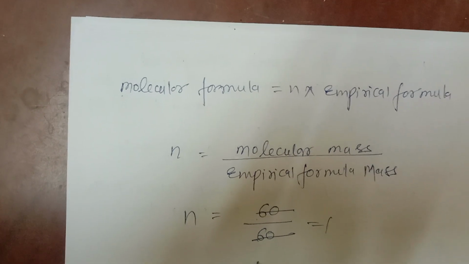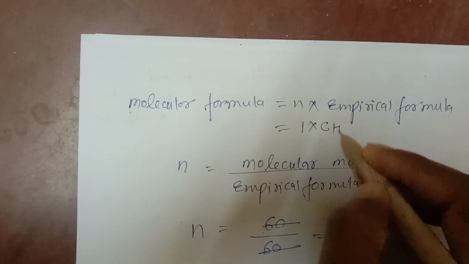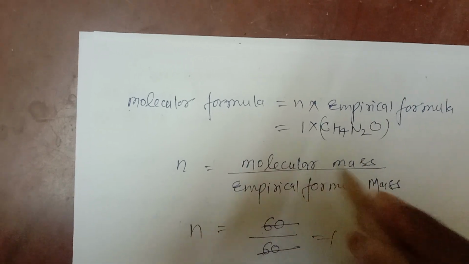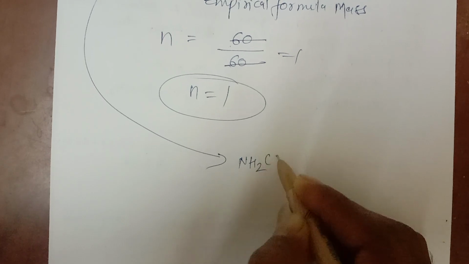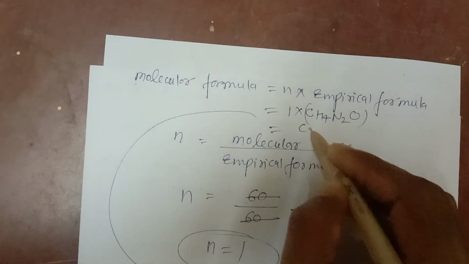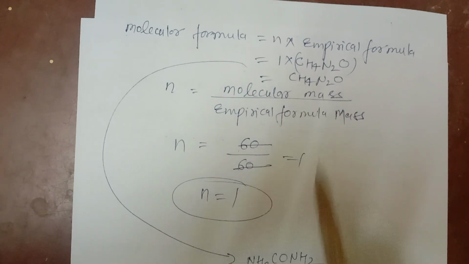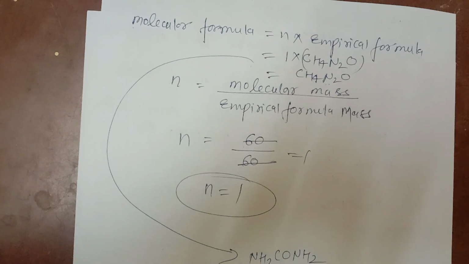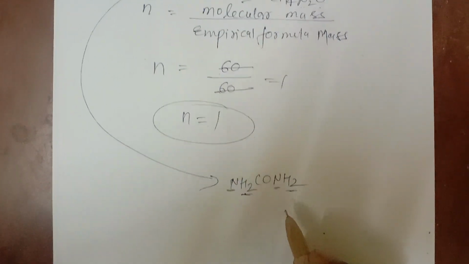So n equals 1. Putting the value, molecular formula equals 1 times CH4N2O, which can be rearranged as NH2CONH2. There is 1 carbon, 4 hydrogens (2 here and 2 there), 2 nitrogens (1 here and 1 there), and 1 oxygen. So this is the molecular formula of the compound.